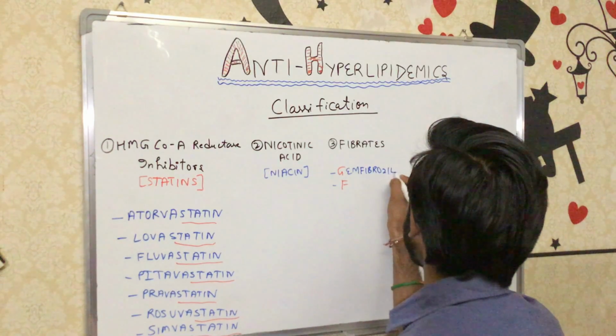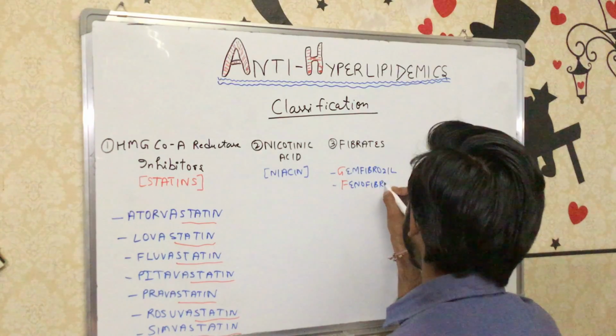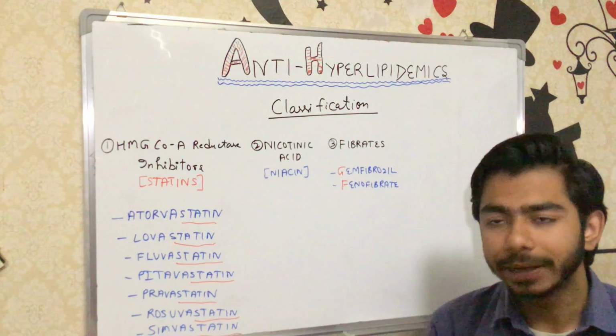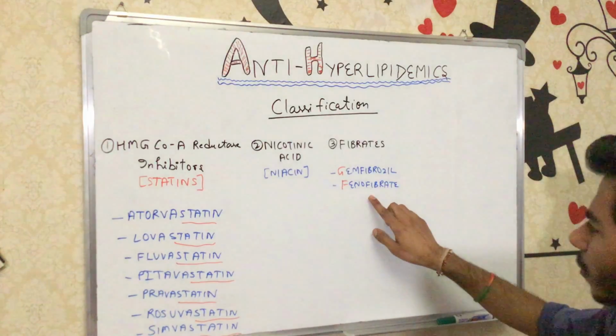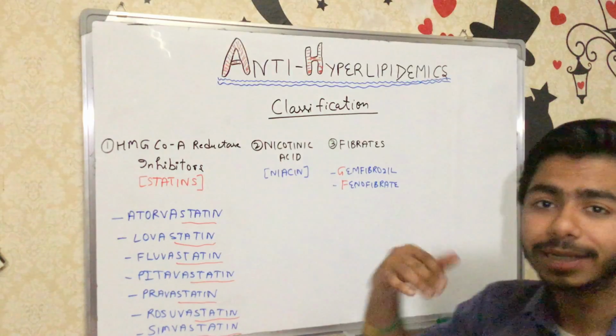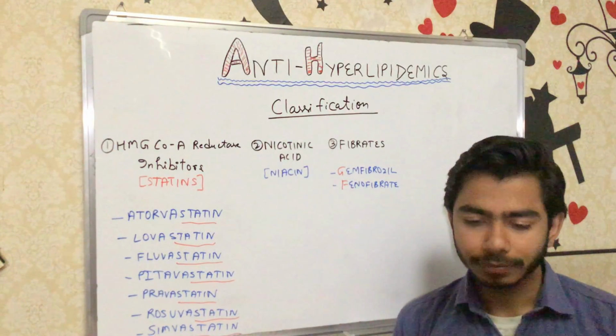These are the drugs which come under the category of fibrates. For example, fenofibrate ends with fibrate. This is the more common drug as far as fibrates are concerned.